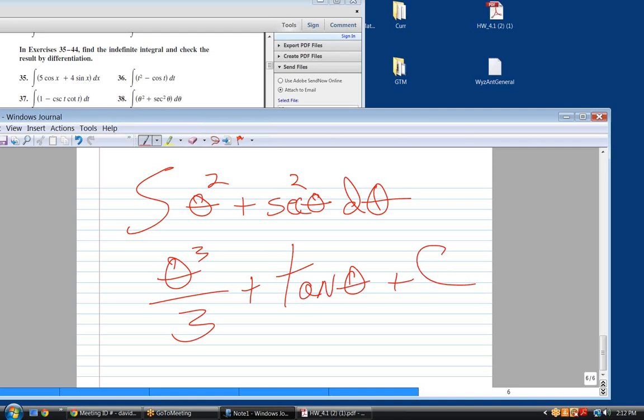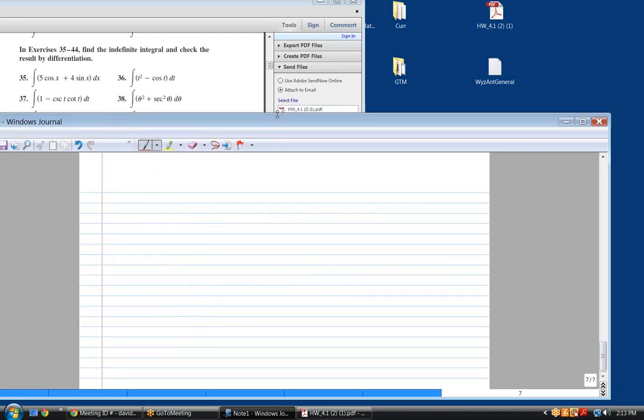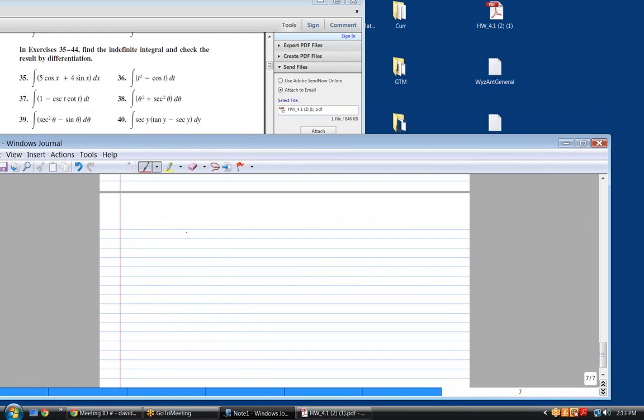Yeah, the fact that they use theta instead of a variable doesn't matter. As long as that's the same as that, then it's just like x or y or t.